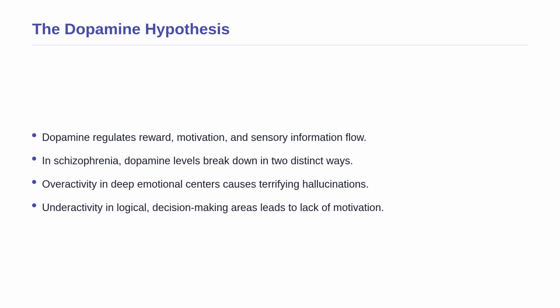However, in schizophrenia, this system breaks down in 2 distinct ways. There is far too much dopamine activity in the deep emotional centers of the brain, which causes terrifying hallucinations. Simultaneously, there is too little dopamine activity in the logical, decision-making areas, leading to a severe lack of motivation.